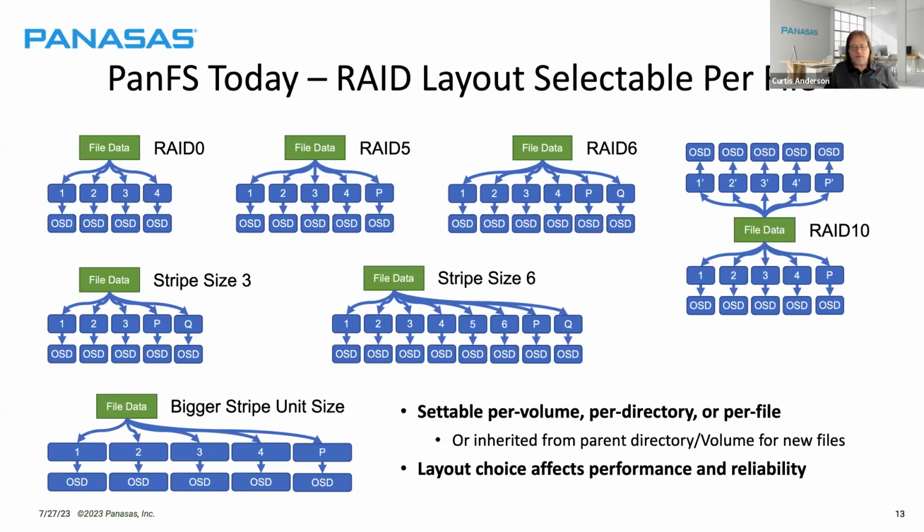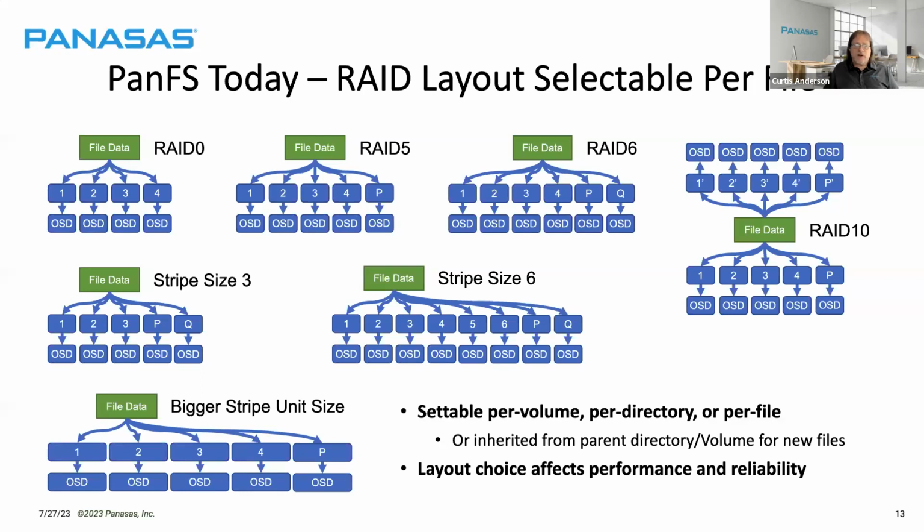There's no particular maximum to that. A wider stripe size will give you higher streaming bandwidth. You're able to apply 6 object storage devices to this one particular file. In aggregate, all the OSDs are busy because we spread everything randomly across the pool of OSDs, but per file, the stripe size lets you change the bandwidth you can get out of that particular file.